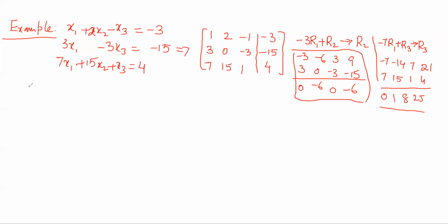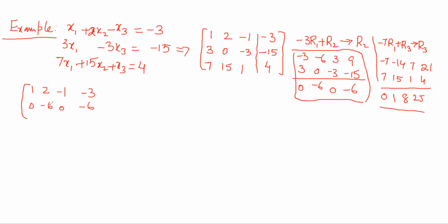Okay, so now I have transformed it into, I don't know whether I have transformed it or not. So let me write it first. So it will be 1, 2, minus 1. So first row is not going to change because it was already in the correct form. The second row, 3, 0, minus 3 will change into 0, minus 6, 0, minus 6.